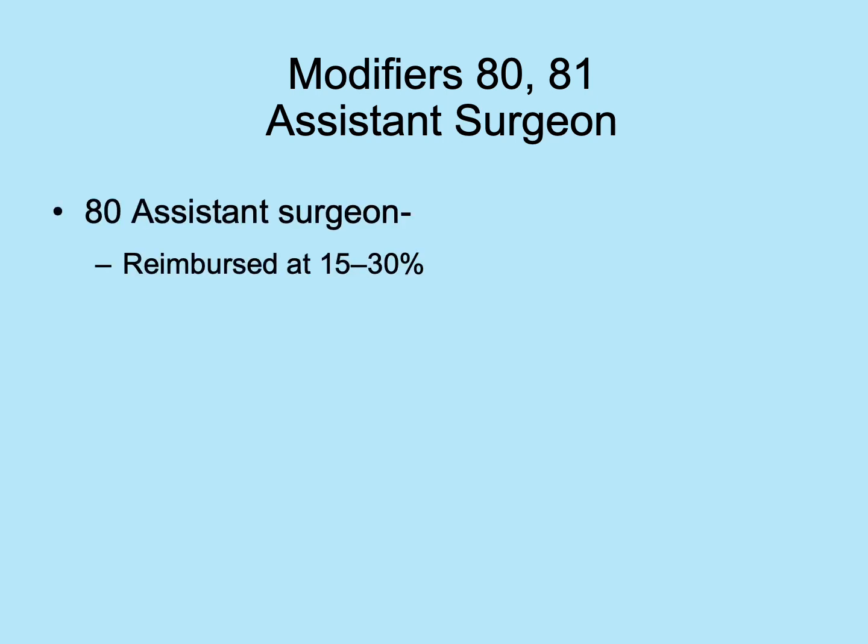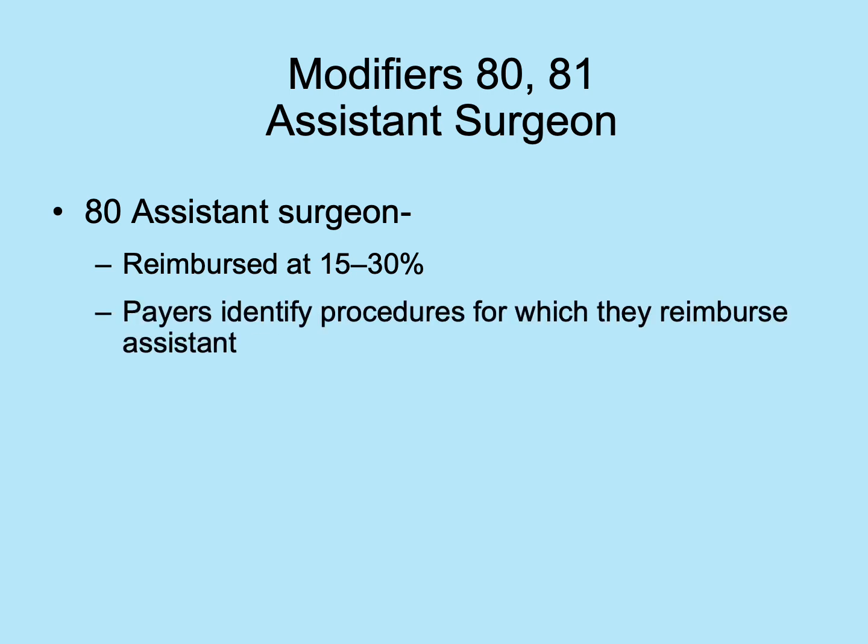So let's talk about 80 and 81 assistant surgeon. 80 is reimbursed about 15-30%. Payers identify procedures for which they will reimburse the assistant. Medicare is very specific about we will accept an assistant surgeon for this code, but not for that one. And other payers will do the same thing.